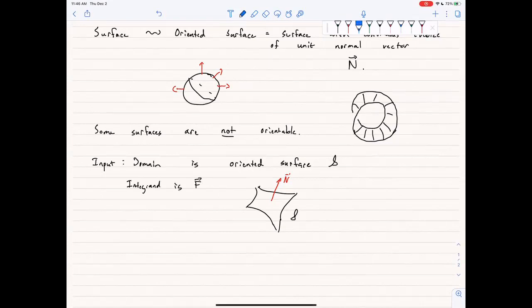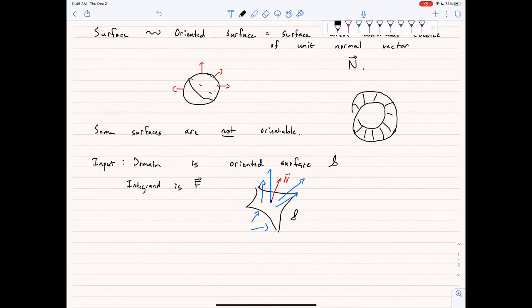So we have some background vector field, and we don't really care about that vector field away from our surface. We're more interested in what's happening right at our surface. If we look right at a particular point, say this point here, what we're interested in calculating when we're calculating a vector surface integral is a flux computation.